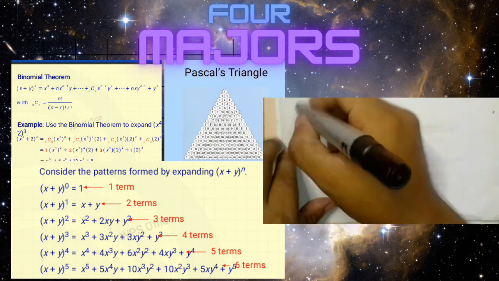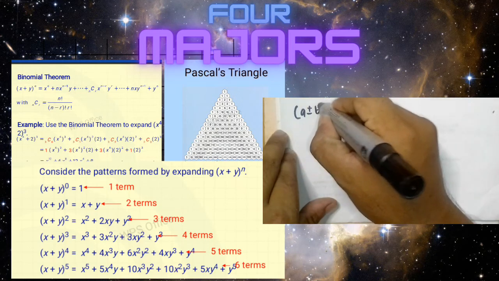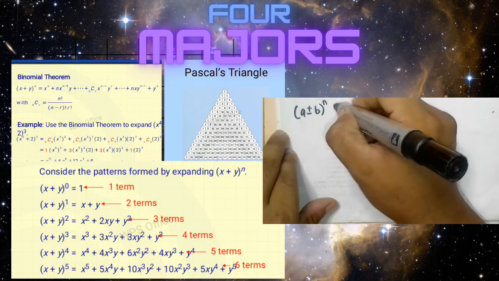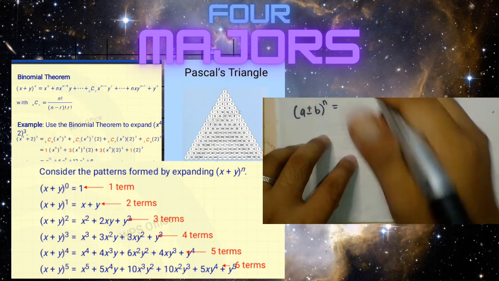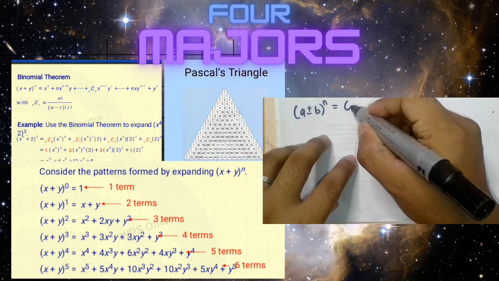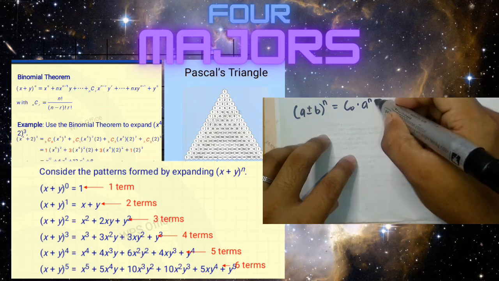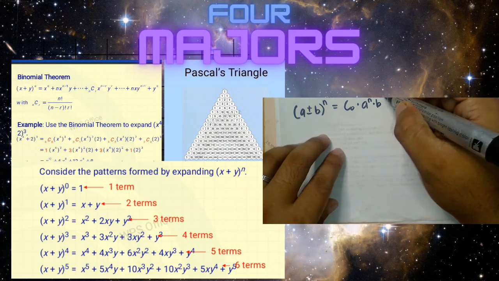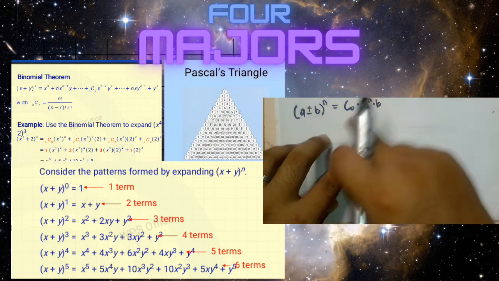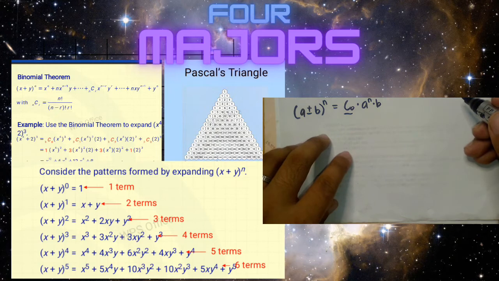So if there is a binomial, namely a plus or minus b, raised to the power of n, when we expand it, it will be of the form C sub 0 times a to the n times b raised to 0. Alright, so that's the first term. Okay, so this constant right here is given by the Pascal's triangle.